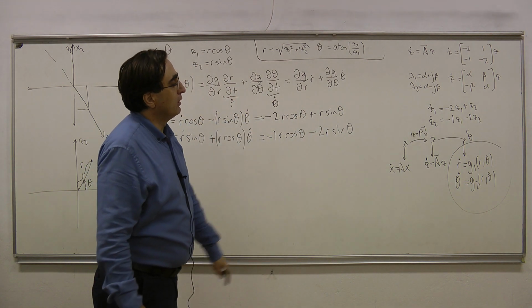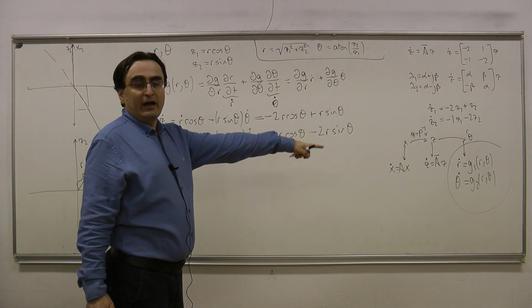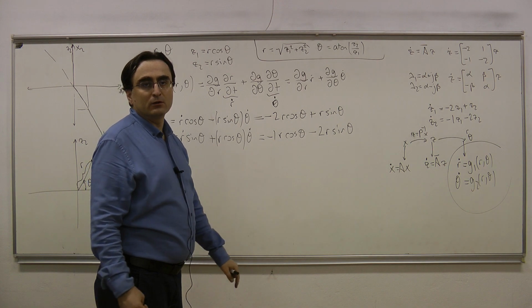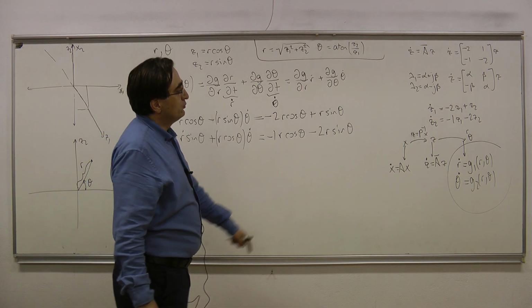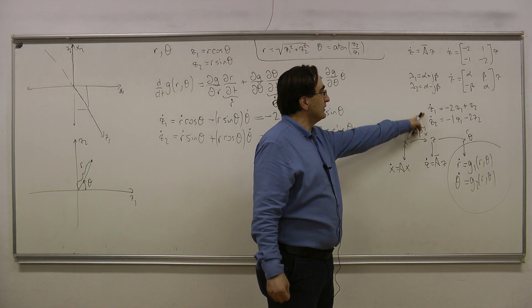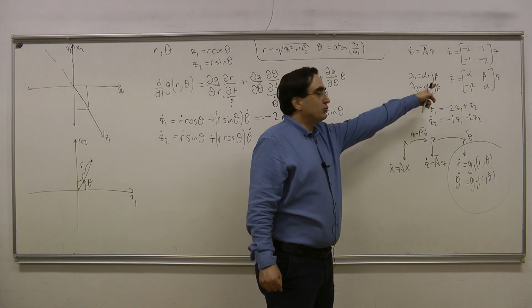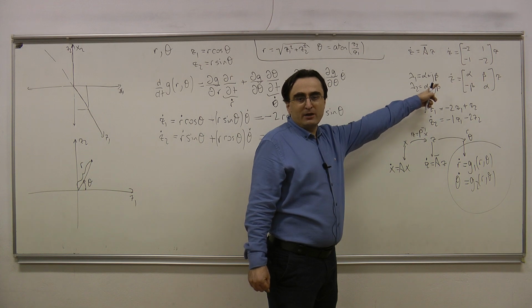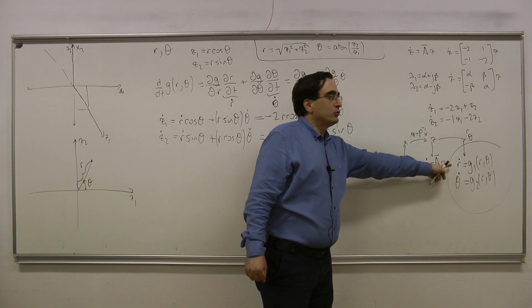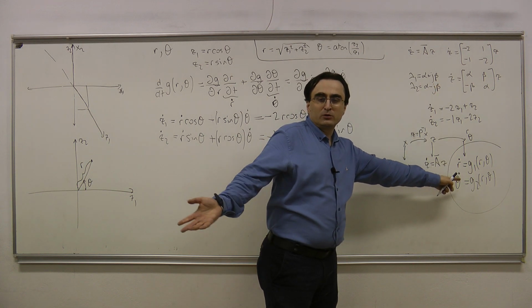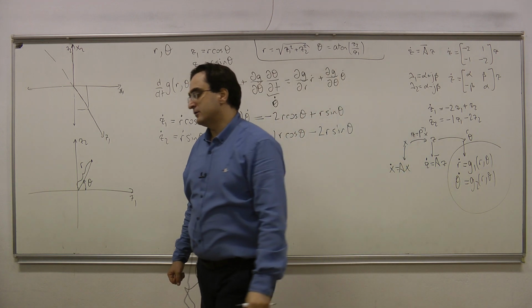And furthermore, the equations for r and theta will be decoupled. Okay? So we couldn't decouple the equations in the new coordinates z1 and z2, but due to the simple form of the A bar matrix here, we could decouple the variables in polar coordinates, r and theta.